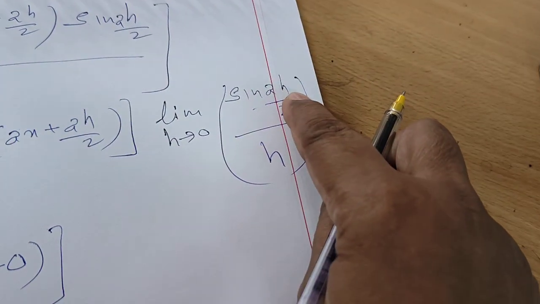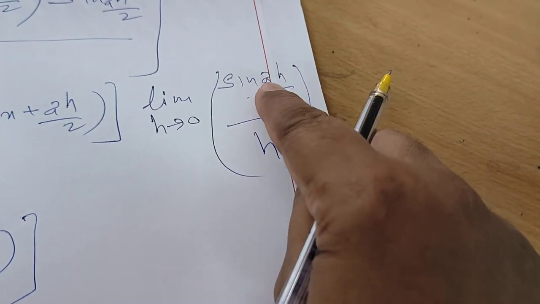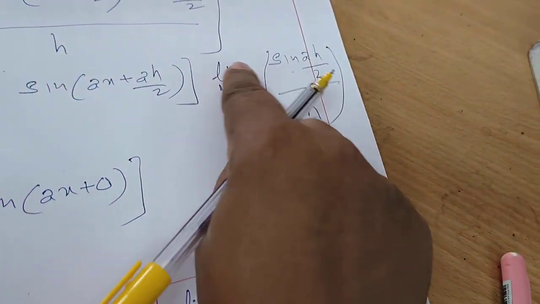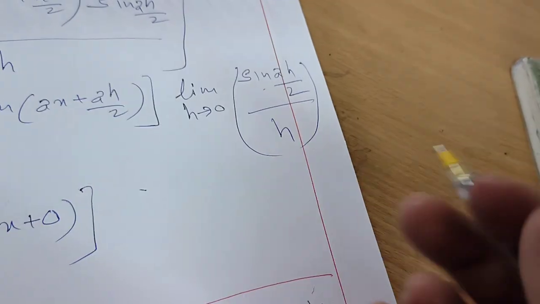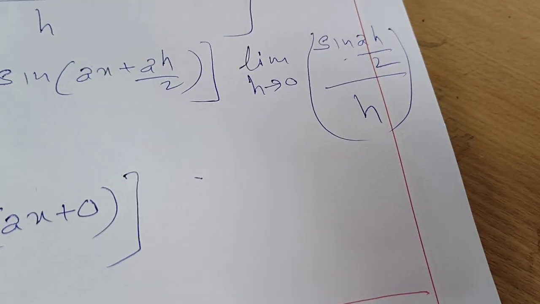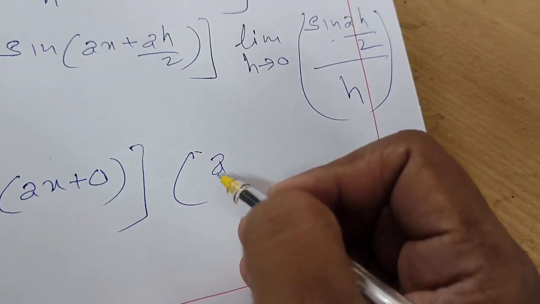We have this formula, here I am writing. Here the coefficient of h, means this limit is in terms of h, coefficient of h is a by 2. So the value of k becomes a by 2. When we apply this formula, here we get a by 2.